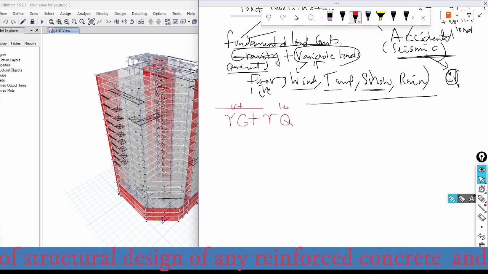It may be leading, plus the other variable load. This is 1 and it may be 2. So this may be the combined effect of other variable loads. And this is the general combination for 6.1.